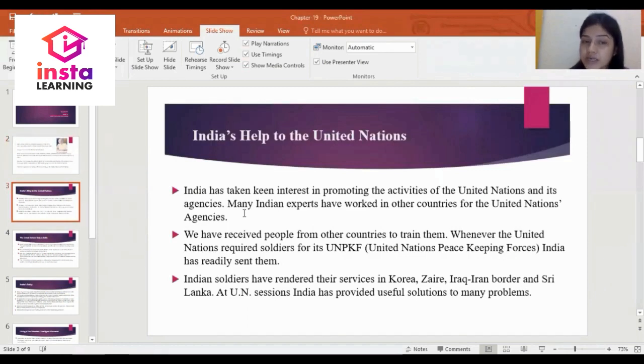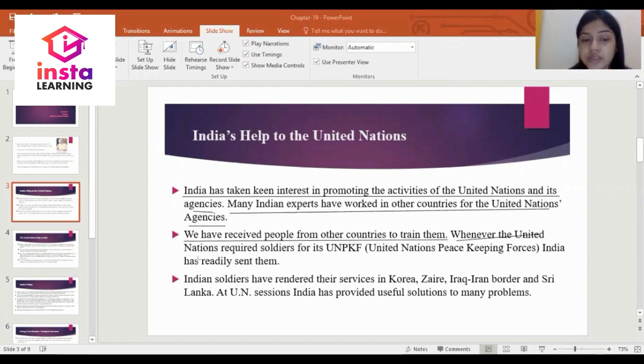Let's understand India's help to the United Nations, as I am highlighting it. India has taken keen interest in promoting the activities of the United Nations and its agencies. Many Indian experts have worked in other countries for the United Nations agencies. We have received people from other countries to train them.